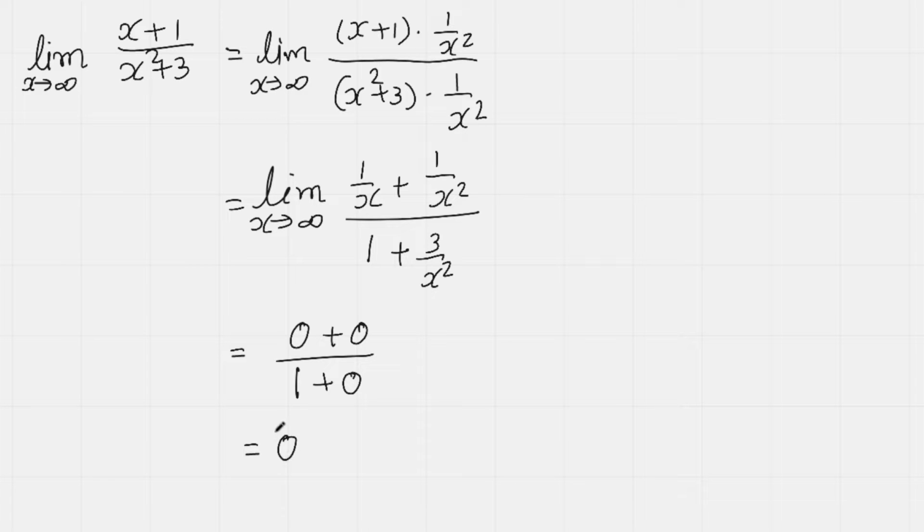So whenever we have a bottom heavy function, we can write its limit as x approaches infinity as equal to 0 directly. Now let us see one more example of a bottom heavy function.